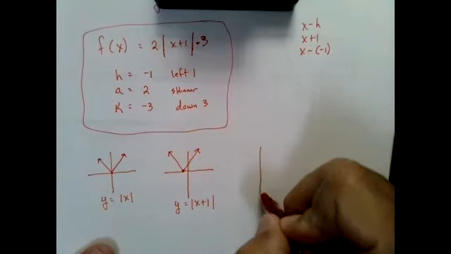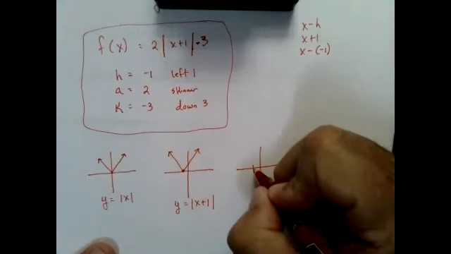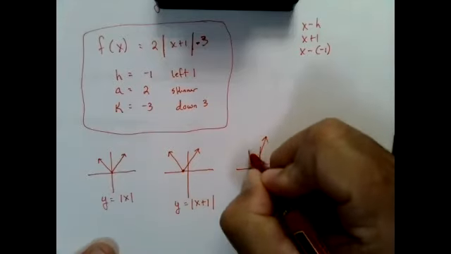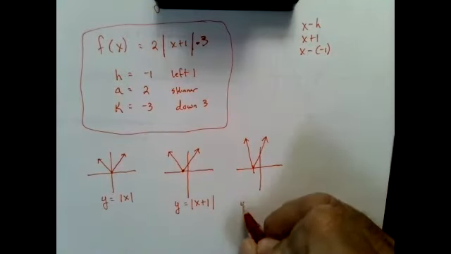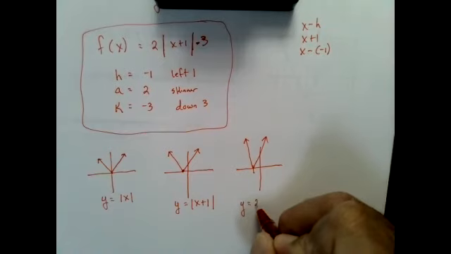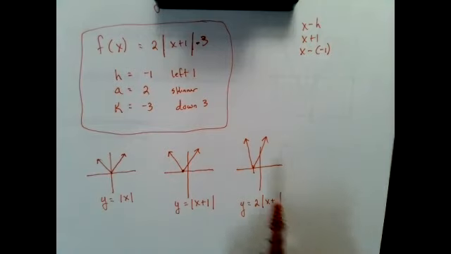Next one, it's going to be skinnier. Now, if it's going to be skinnier, that means it's going to grow faster. We're not actually picking points and so forth. Some people do require that you pick some points just to make sure, but I'm trying to get all these concepts across right now. So this is y equals the graph of 2 times the absolute value of x plus 1. And yeah, I can tell that it's skinnier than that one.